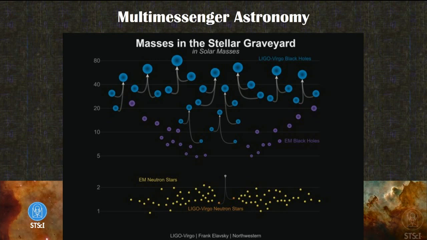The purple here were detected by some signature of light coming from the merger. But with the gravitational wave, we're probing larger black holes than we were able to probe before, okay, and learning more about them. And you can also do the same for neutron stars. So this is a neutron star detection. So neutron stars are the dense cores of old stars.